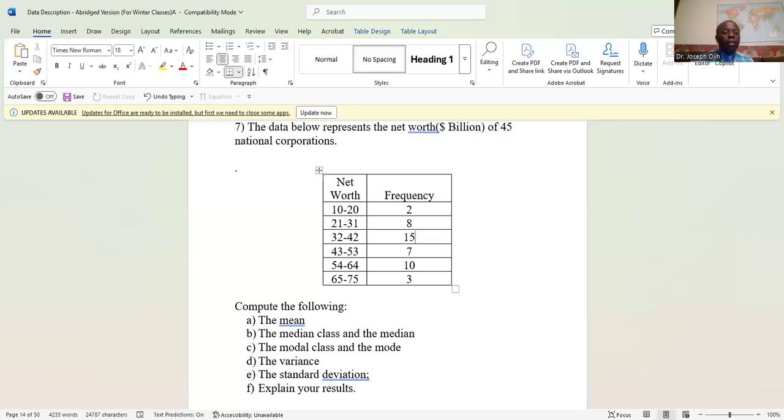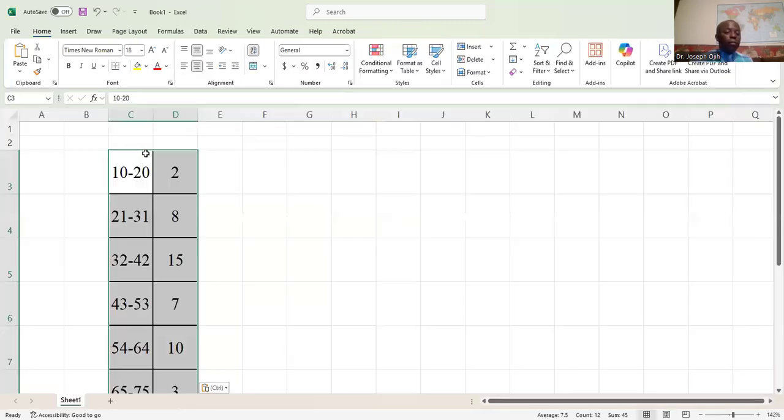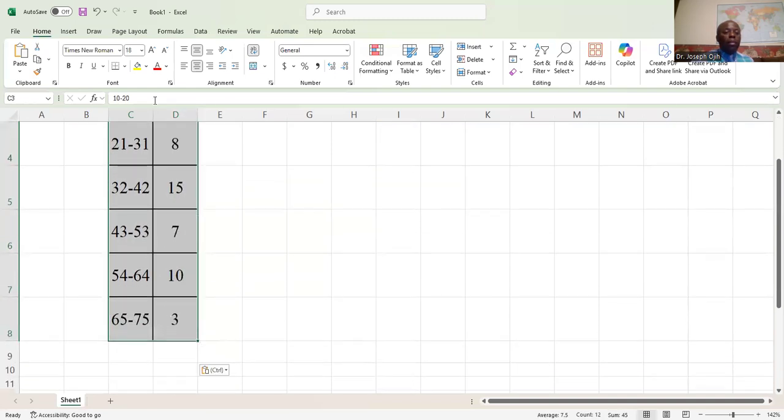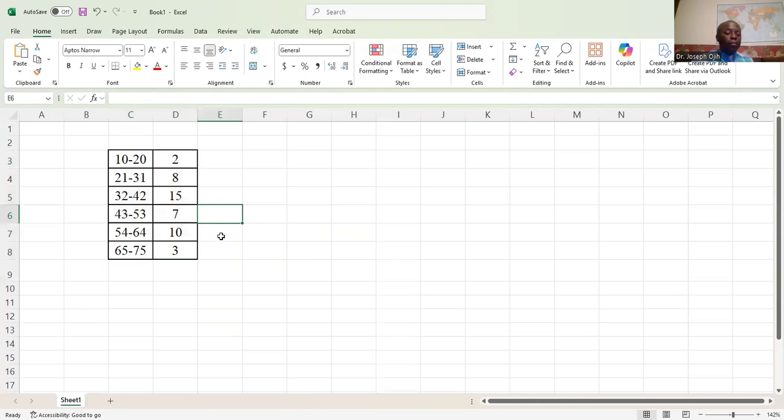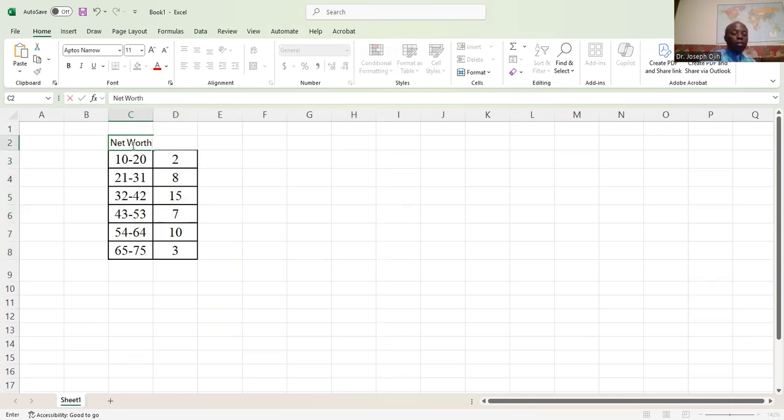I'm going to paste it right here. It's too large, so I'm going to make the font size 14. This is the net worth in billions, and this is the frequency, F. I use F for frequency. So now we can work on it.